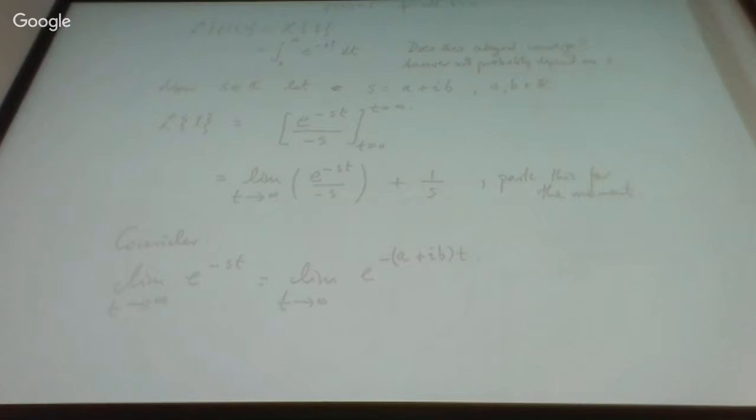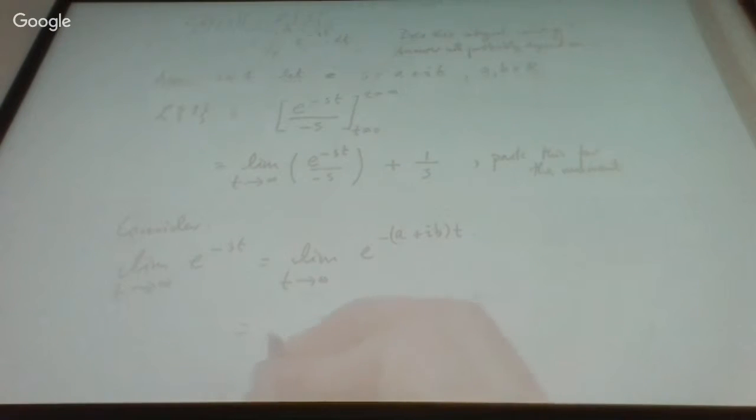That exponential is an exponential to a certain power, but the power is a sum: minus at minus ibt. So we can split up the exponential into the product of those two exponentials. This is going to be e to the minus at multiplied by e to the minus ibt.